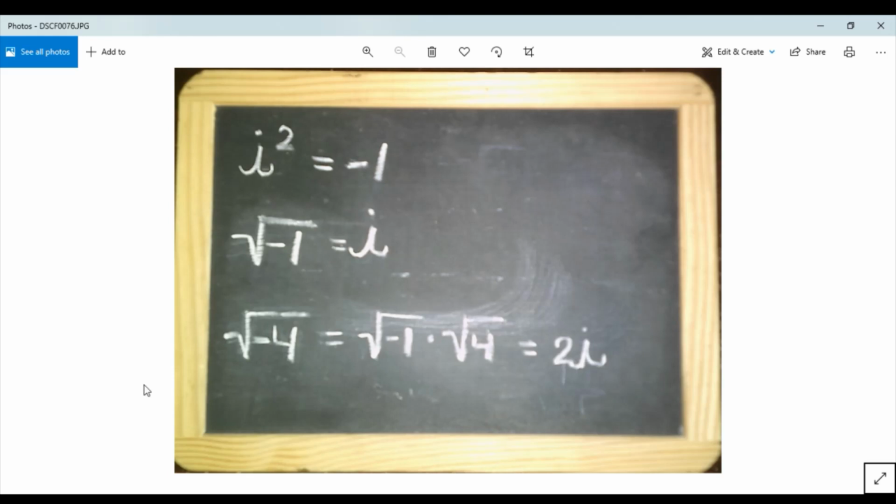Okay, so down to the bottom here, if we apply this to an actual negative number other than -1, which we can do, we're going to write it out as the square root of -4 equals, and then what happens is we have to break it apart, because there is no square root of -4.